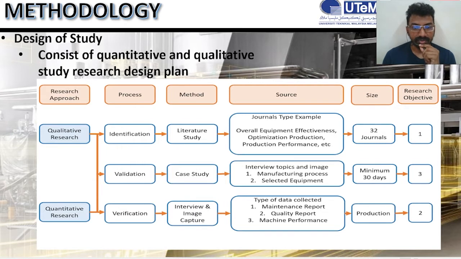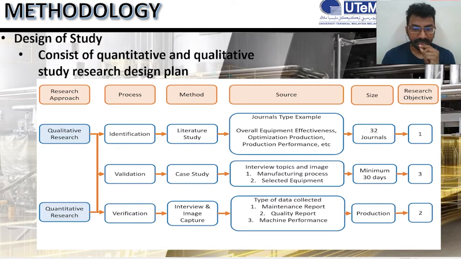Firstly, the process of qualitative research is done by identification and verification. The identification of factors affecting the productivity is done by finding them in the literature reviews, using journals. The second is verification, which consists of primary and secondary data.